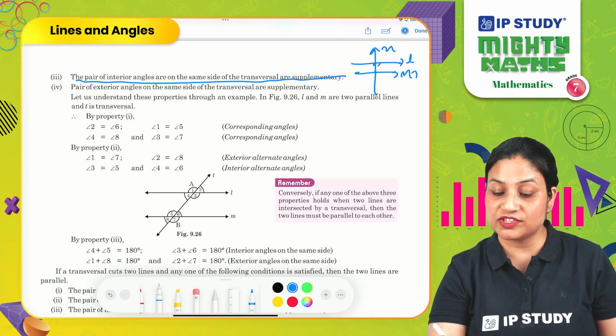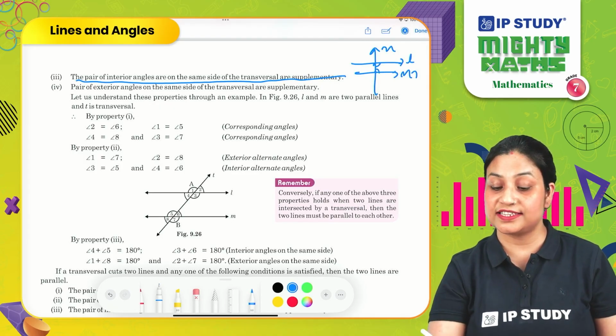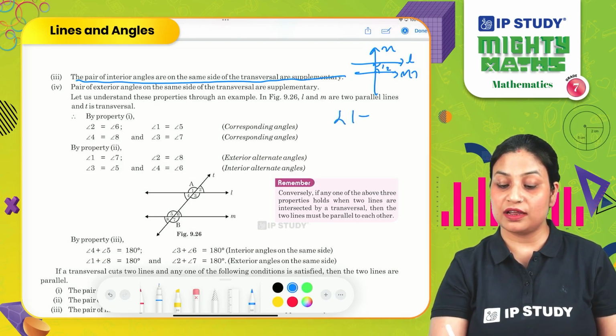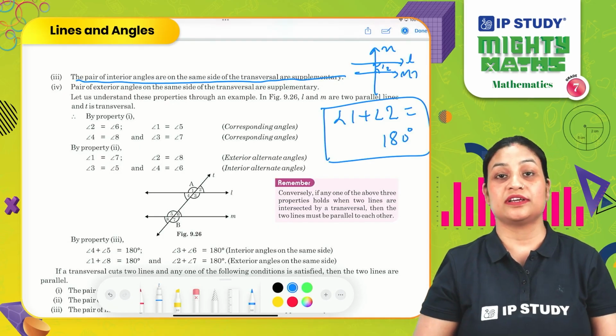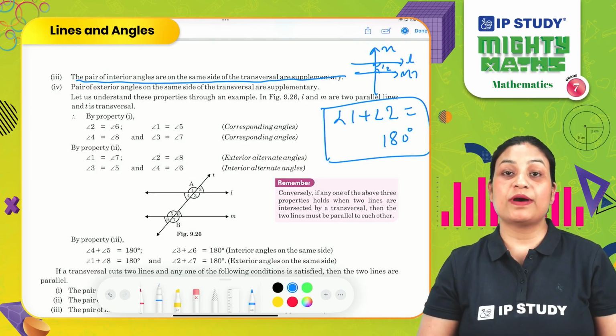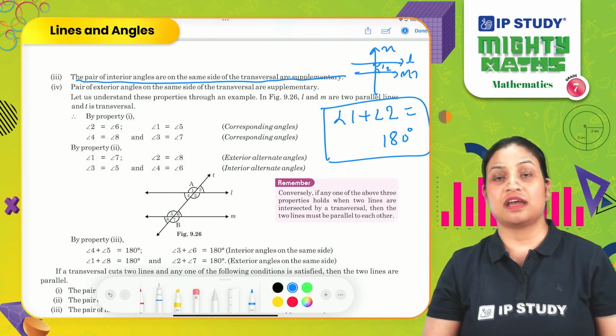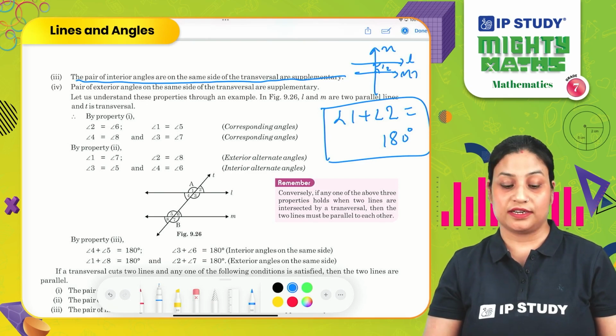Then the sum of these two interior angles, let's say this is 1, let's say this is 2, so the sum of angle 1 and angle 2 will always be equal to 180 degrees. They are supplementary. So whenever two parallel lines are intersected by a transversal, the sum of the interior angles will always be equal to 180 degrees, right?